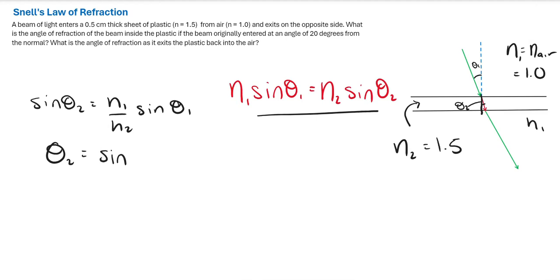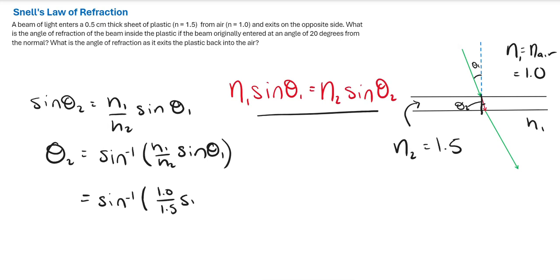We take the inverse sine of n1 over n2 times the sine of theta 1. Yes, we do have a sine of theta inside of an inverse sine, but don't get too scared of that. All we have to do is plug in these numbers. So we have the inverse sine of n1, which is 1.0, divided by 1.5, times the sine of 20 degrees.